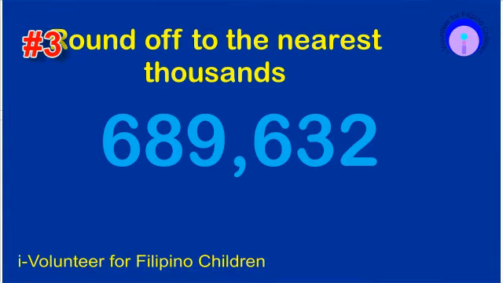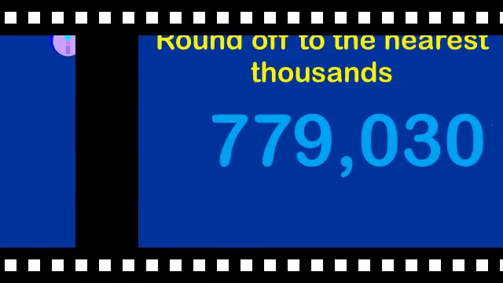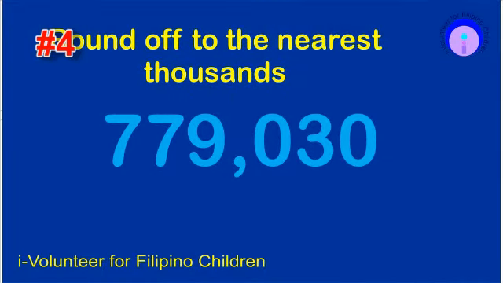Number 3. Round this number off to the nearest thousands. Number 4. Round this number off to the nearest thousands.